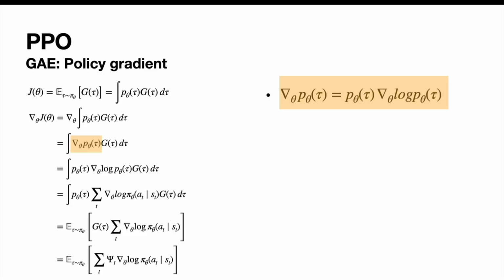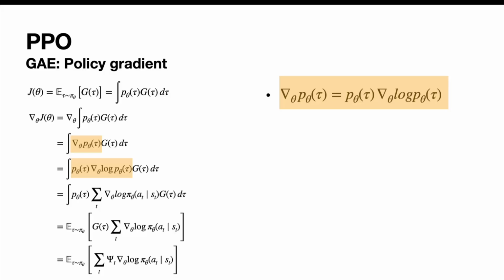After applying the chain rule, the gradient becomes integrate over all possible trajectories, the probability of the trajectory πθ of tau multiplied by the gradient of the log probability of the trajectory multiplied by the return J of tau.